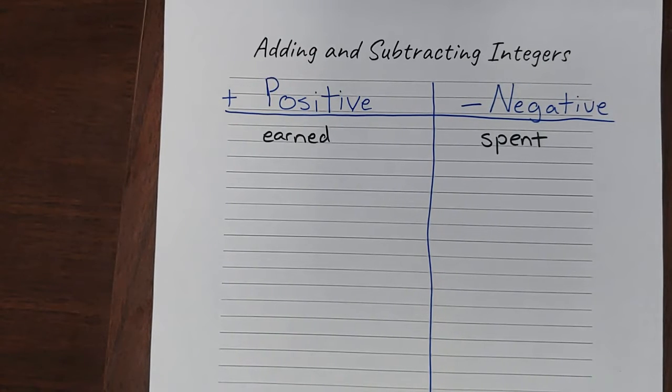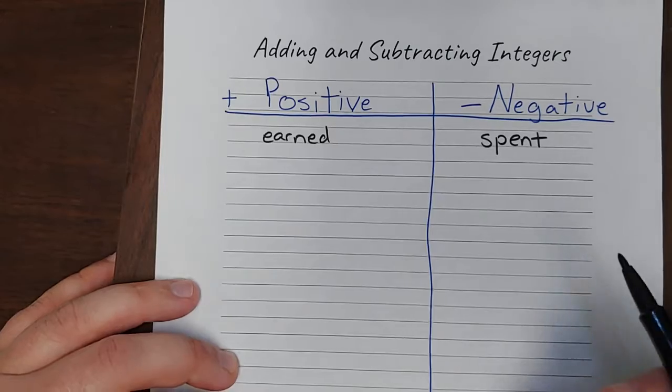If you earn money, you're getting money. So like if you did a job or something like that, you were earning money. Spent is like, of course you went to the store and you spent money on, I don't know, some hot Cheetos or something. So that's earned and spent.